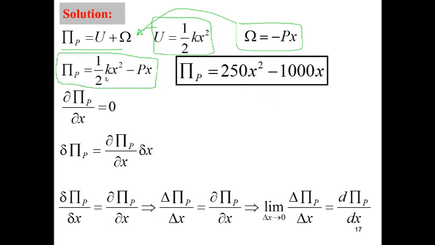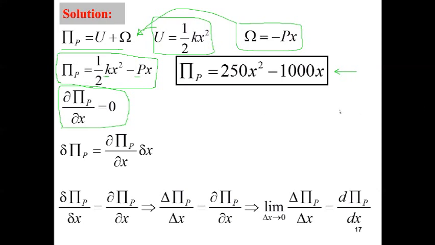Now we can substitute for the unknowns, k and P. In this case, Πp can be rewritten as Πp equals 250 times x squared minus 1,000 times x. Differentiating Πp with respect to x and equating the result to 0, the minimum total potential energy can be calculated.